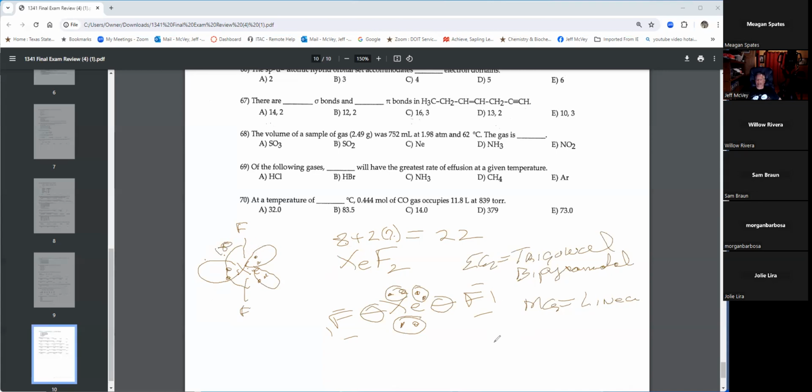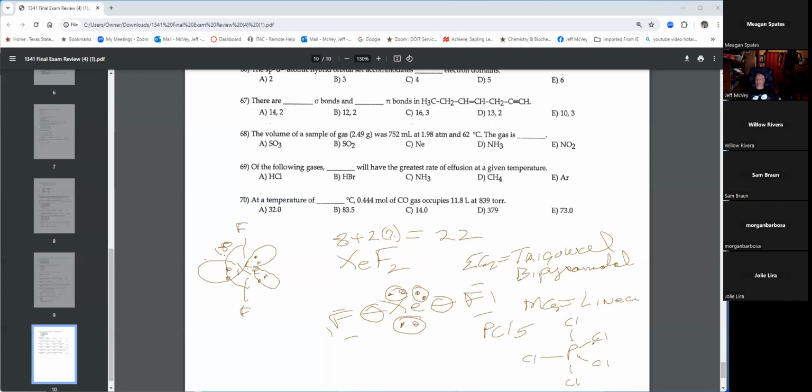But normally, and let's do something like PCl5, which is an easy one to draw. We've got phosphorus, we've got a chlorine here, a chlorine here, a chlorine here, here, and here.